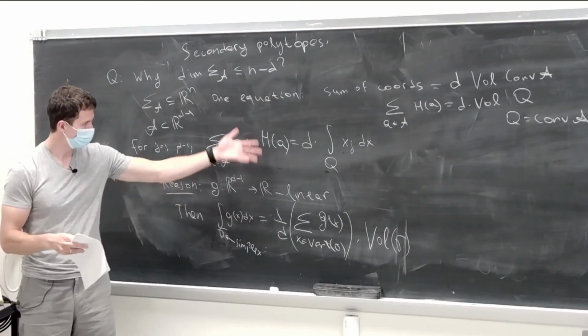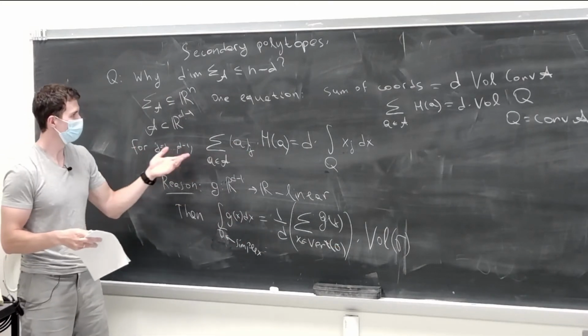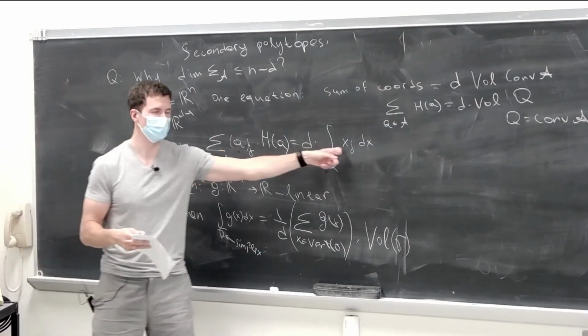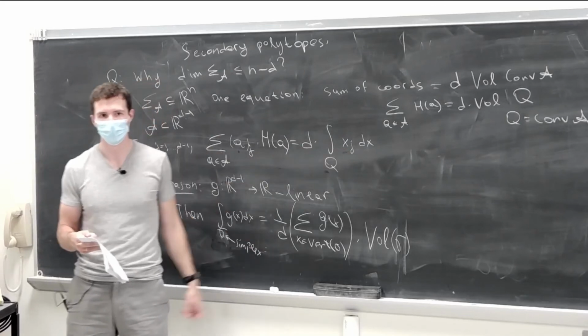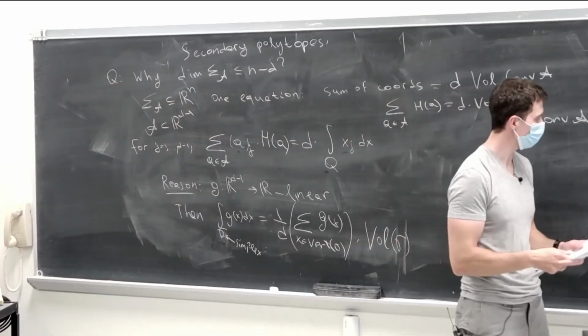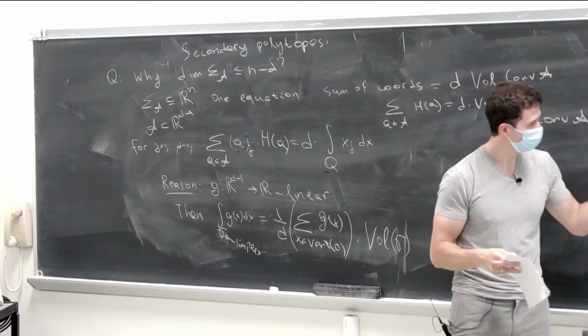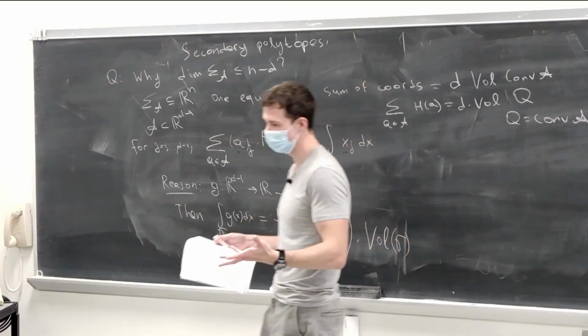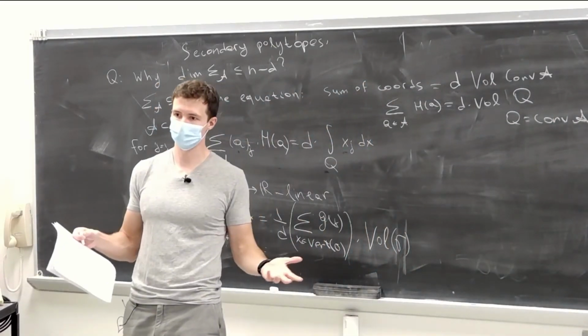And because of that, you can count. Instead of the coordinate here, you can put any linear function, and then you're going to have an integral of that linear function here. It's not too hard to show that non-regular triangulations don't give you vertices.